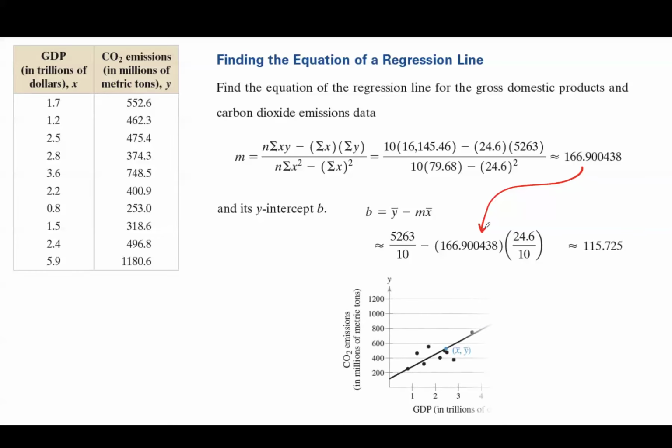We can visualize this line, and as you can see, it passes through the points from example 1, and it is an increasing line. As the GDP in trillions of dollars increases, we see that the CO2 emission tends to increase as well. We can write down y hat, or the regression line, as m times x plus b, and make predictions for future values.